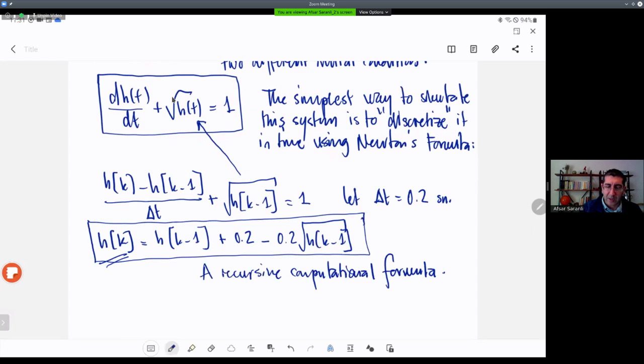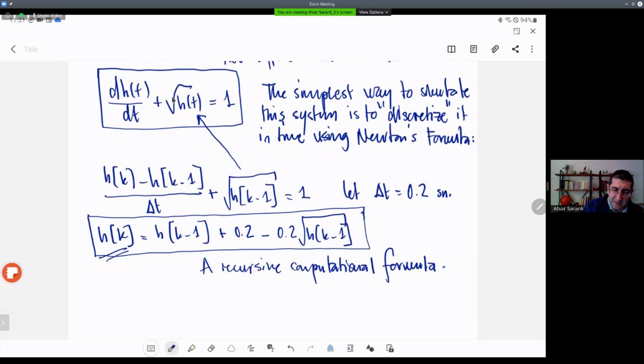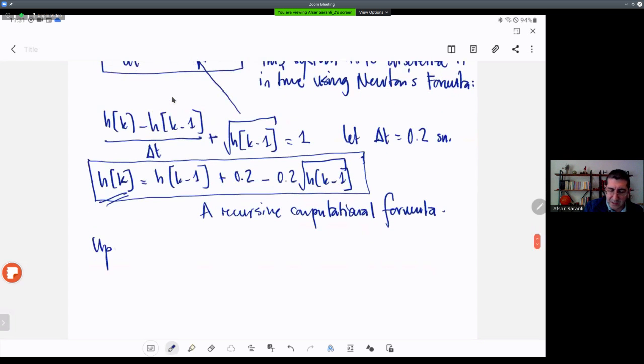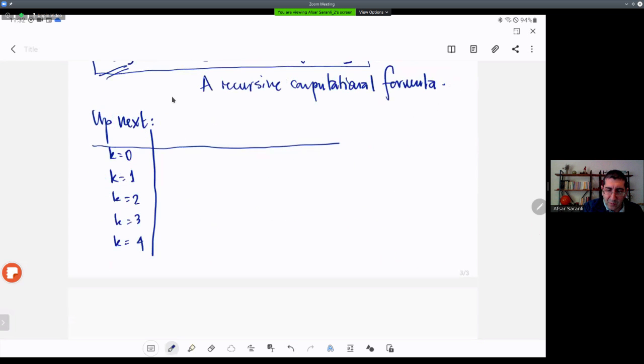Okay. So up next, and that's going to have to wait for next week in this case. But you can actually attempt yourself, okay? What we will do is do something like this, right? We will start with k equal to 0, and we will continue with future times, okay? And what we will do is obviously start with h at k equal to 0.